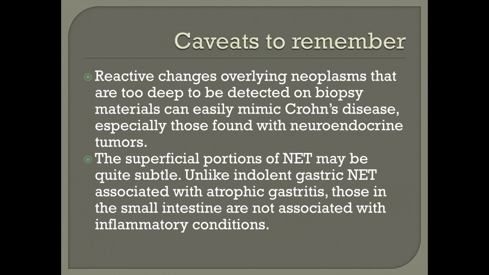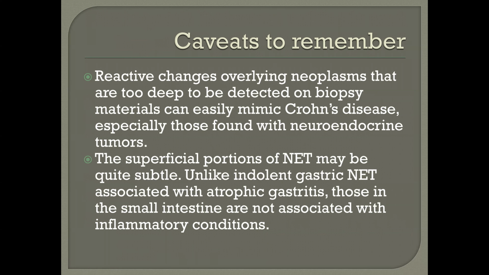First off, the reactive changes we've talked about with a deep-seated tumor can be misleading. And so you need to remember that Crohn's disease can be mimicking potentially a deeper neuroendocrine neoplasm or a GI stromal tumor or something.